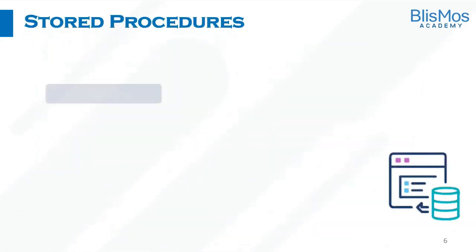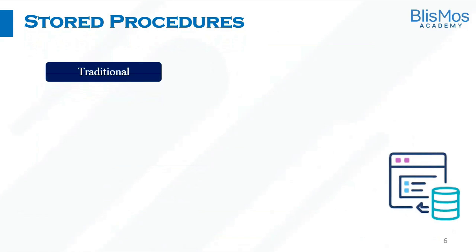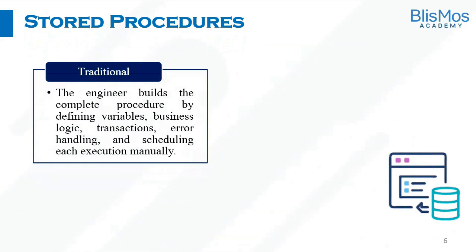Then moving on to the next activity, writing the stored procedures. Obviously, stored procedures can be written in SQL. What the engineer will do manually is build the complete procedure by defining the variables, business logic, transactions, error handling if any, and also scheduling and execution manually.